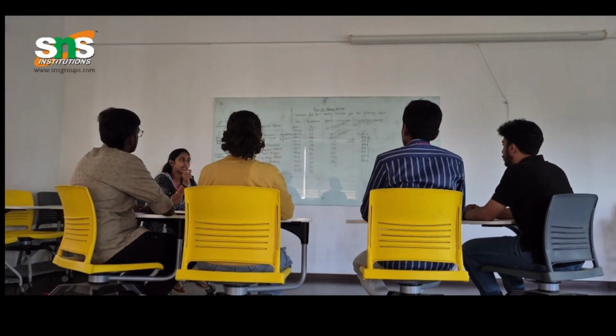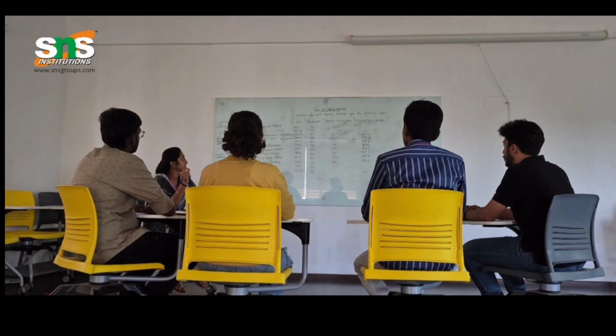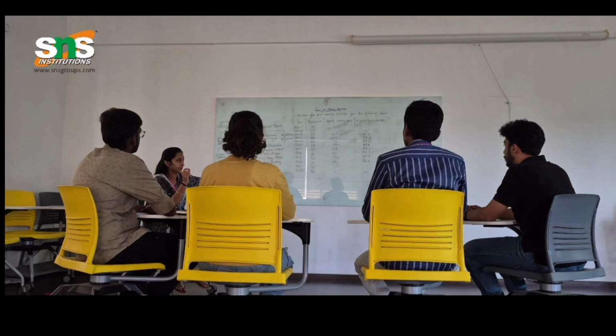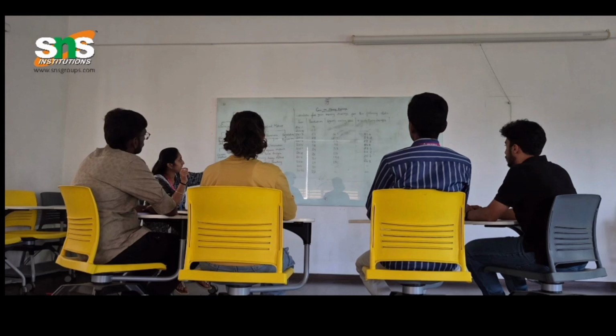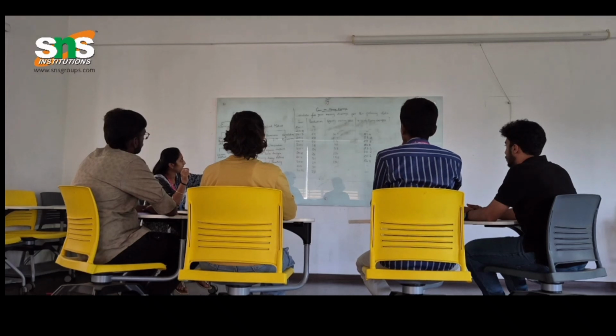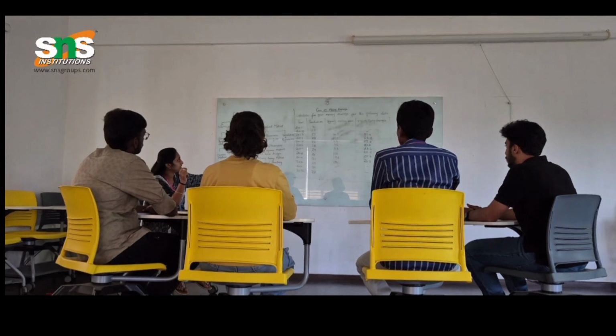Since this is a 5-yearly moving average, we take the first 5 years. I am just explaining the third column. See here: 14, 17, 22, 28 and then 26.